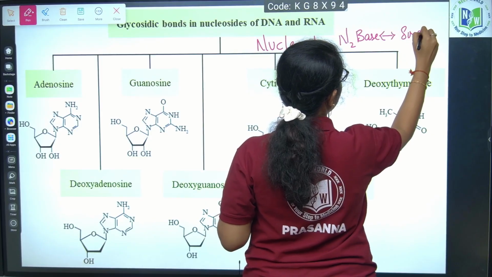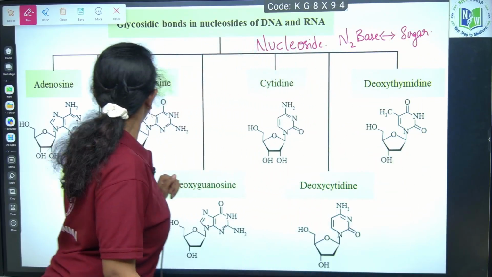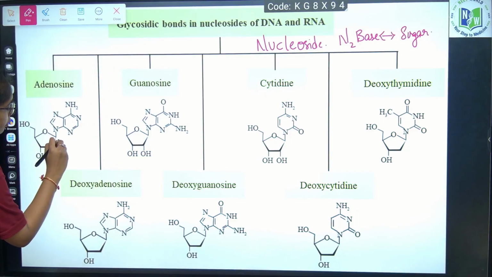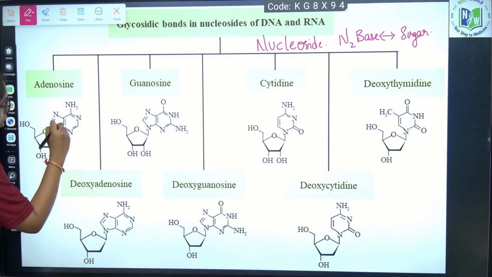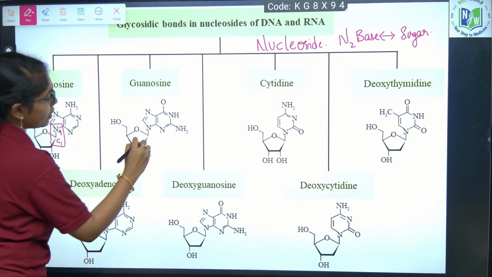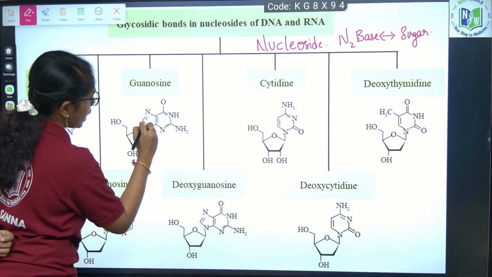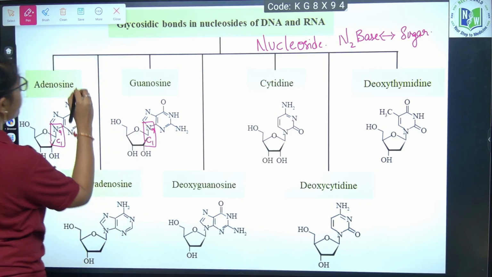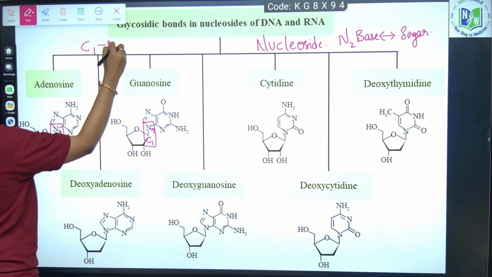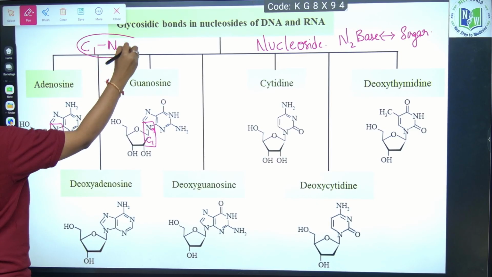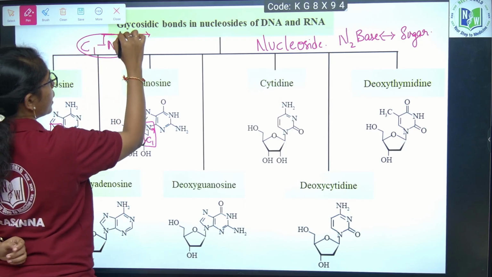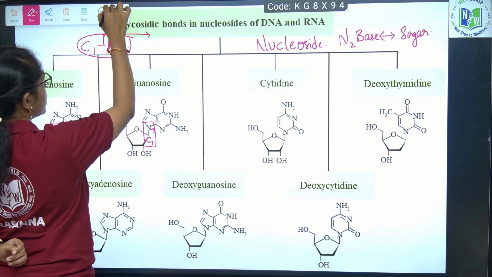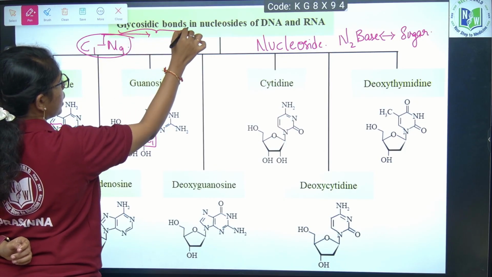C1 of pentose sugar is attached to N9 of purine. How is it attached? It is attached through a glycosidic bond.